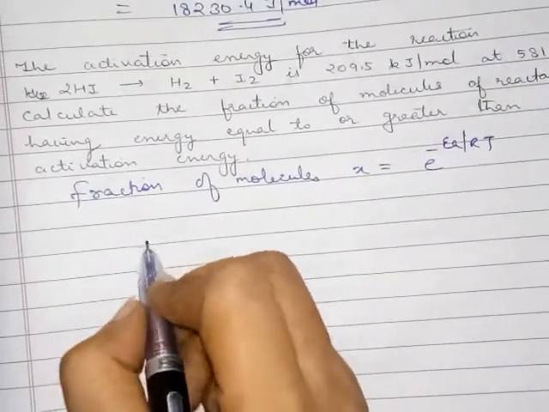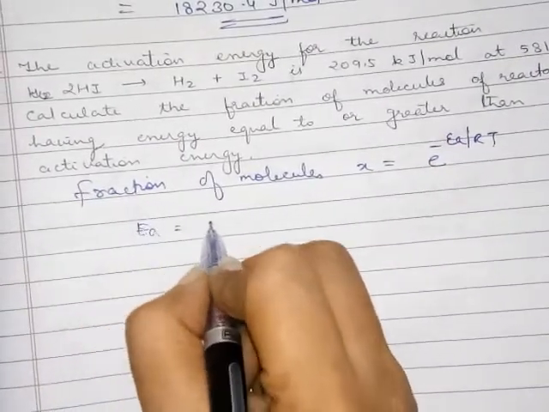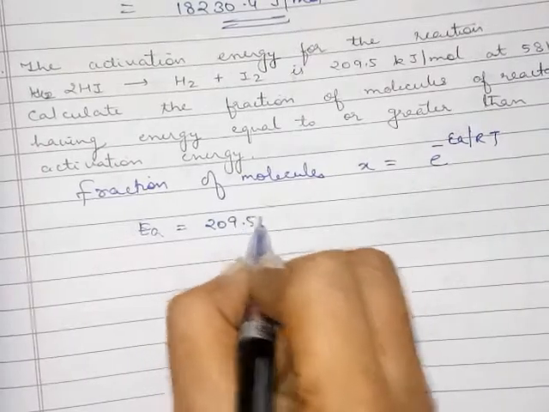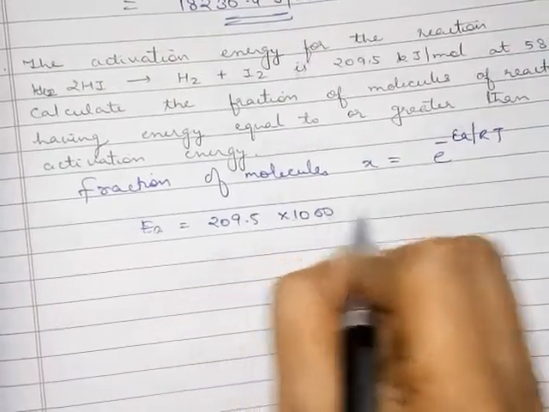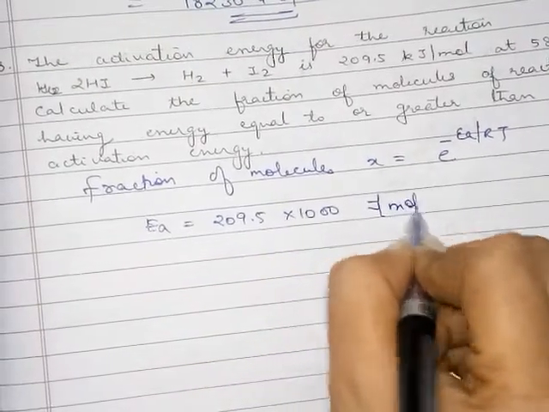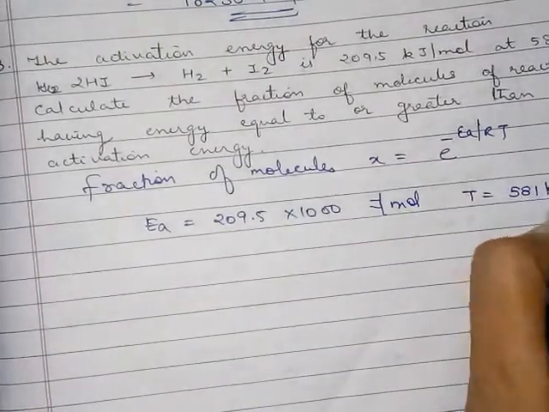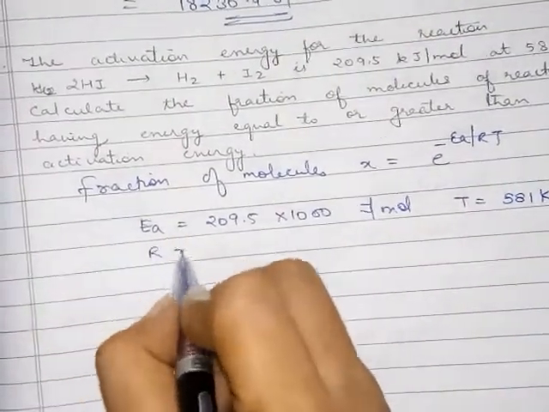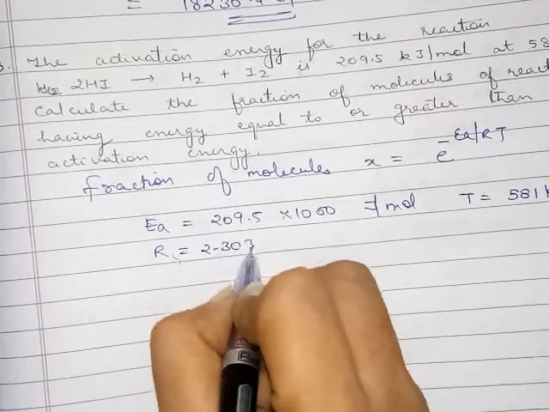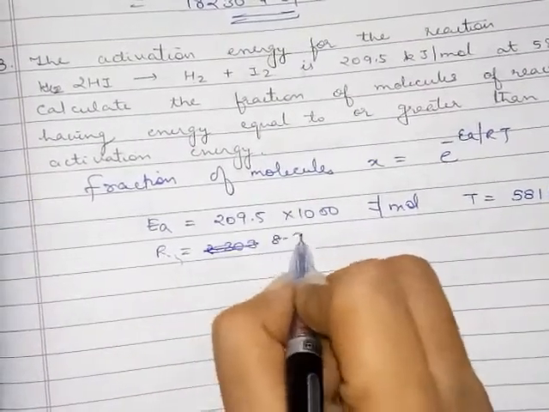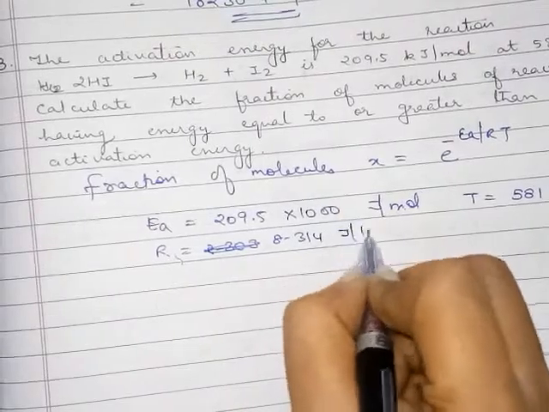So Ea is equal to 209.5 into 1000 joule per mole, and the temperature is 581 Kelvin, and R is 8.314 joule per Kelvin per mole.